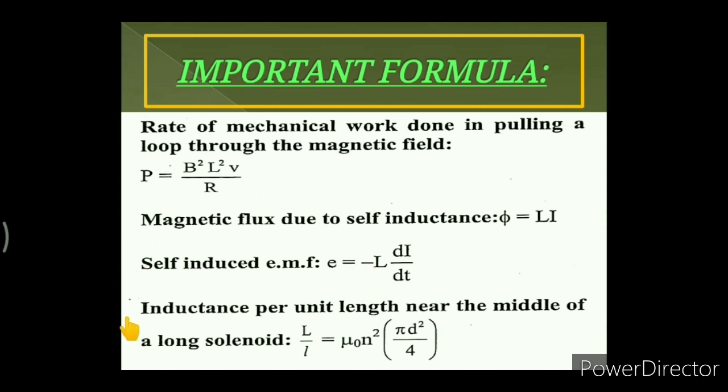After that, we have determined the inductance per unit length near the middle of a long solenoid, which is given as capital L upon l is equal to mu 0 n square into pi d square upon 4. Here d is the diameter of the solenoid and n is the number of turns per unit length, and capital L upon l is the inductance per unit length.